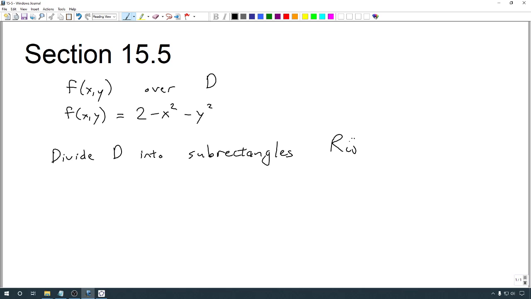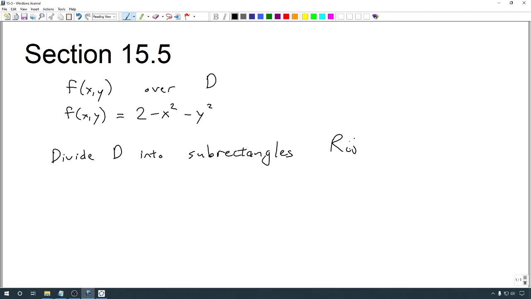Rij. I'm just going to use Rij as notation for the rectangle that we're going to be looking at throughout most of this, and we'll derive a formula for that subrectangle that we will then generalize over all the rectangles.